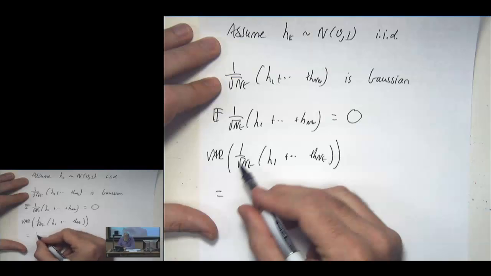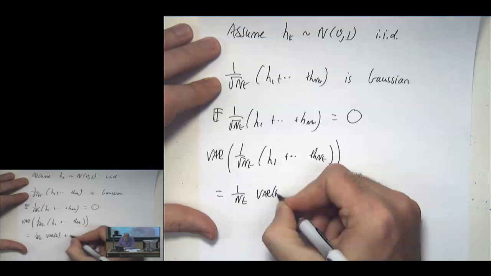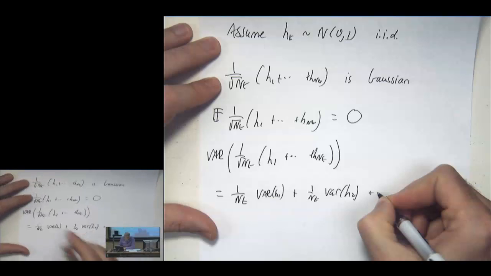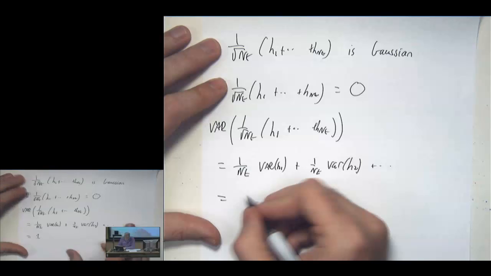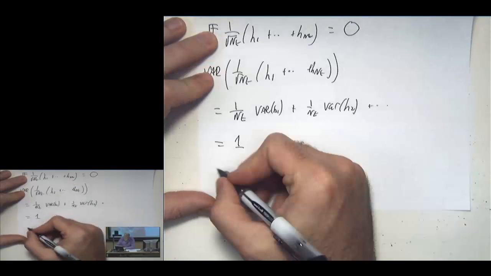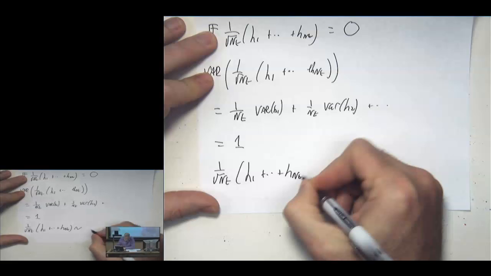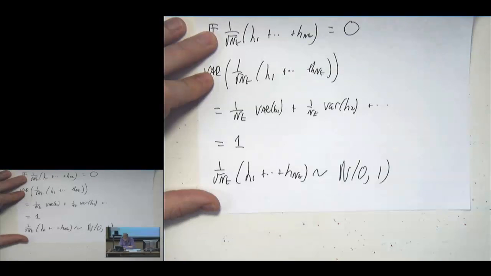So this is going to be 1 over NT times the variance of h1 plus 1 over NT times the variance of h2, etc., which is just 1 each. So that's NT terms of 1 over NT, which is just 1. So what we can conclude is that this quantity, 1 over square root of NT, h1 plus ... h of NT, has the same distribution as a complex Gaussian random variable with zero mean and unit variance.